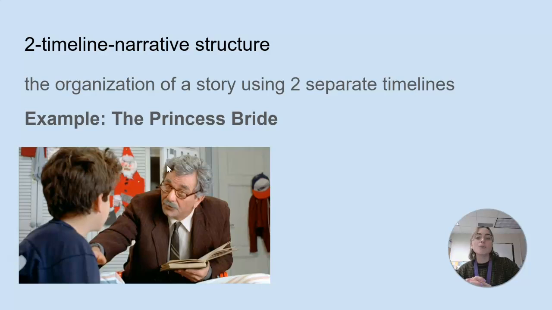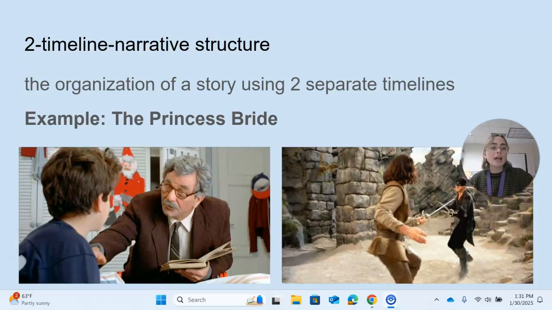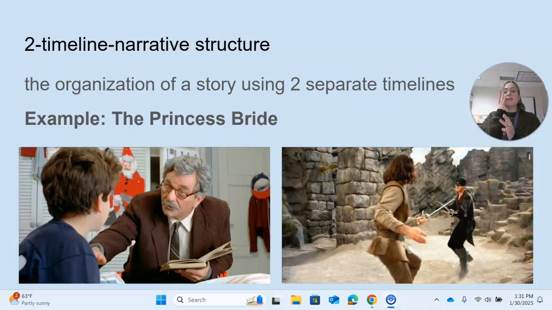It starts off with a grandpa telling his grandson a bedtime story, and it's kind of a fairy tale, and he's reading his grandson this book. And then the movie actually goes to the fairy tale come to life, and we see this story play out as well. And so there's kind of two stories happening within the same movie, and by the end they've come together as one story.